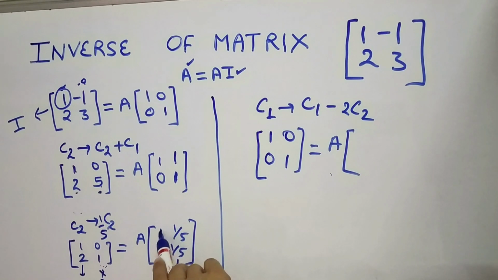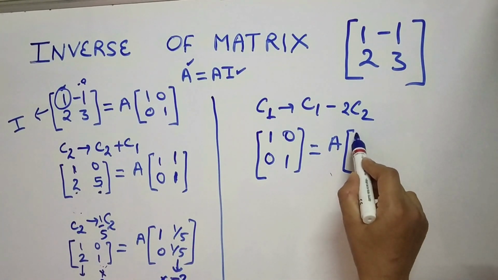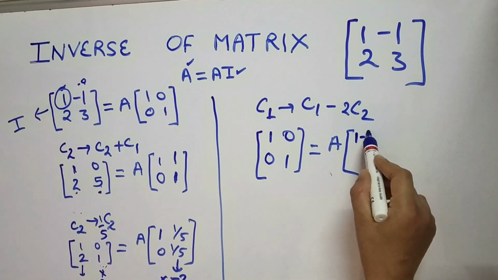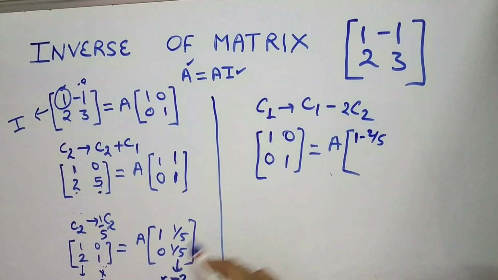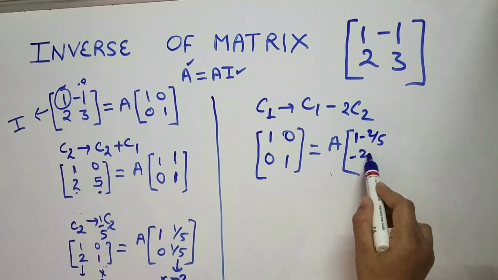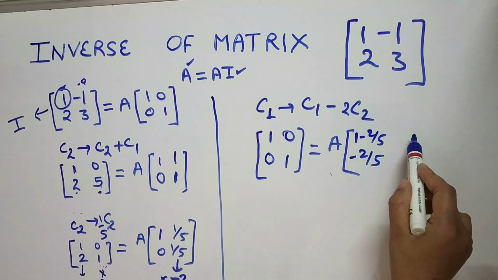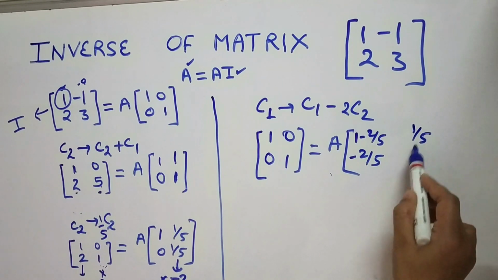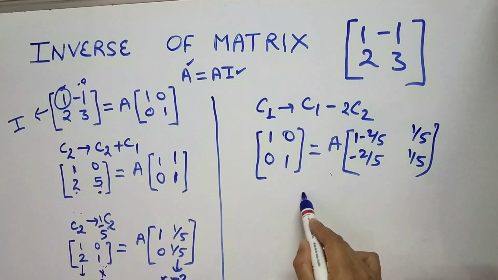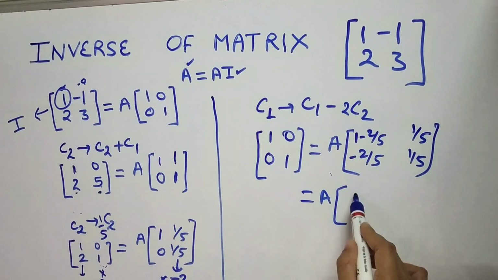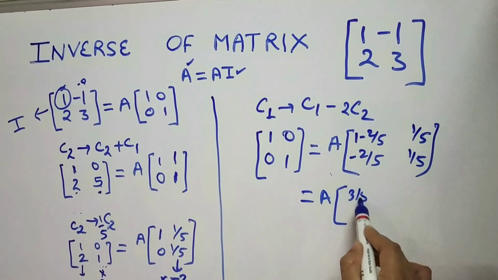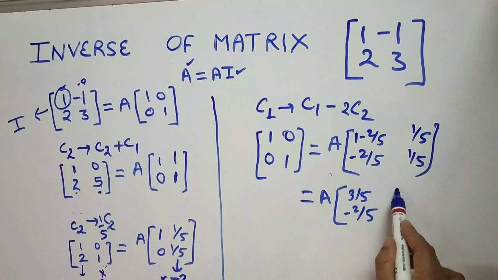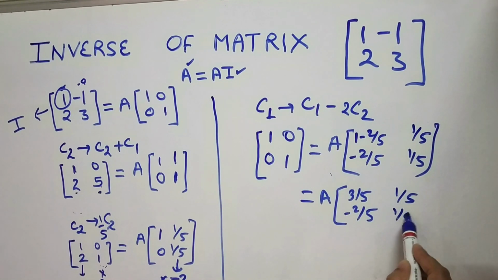So it will be 1 minus 2 by 5, and the second column will have no change, 1 by 5, 1 by 5. If you simplify that, you will get 3 by 5, minus 2 by 5, and here 1 by 5, and here also 1 by 5.